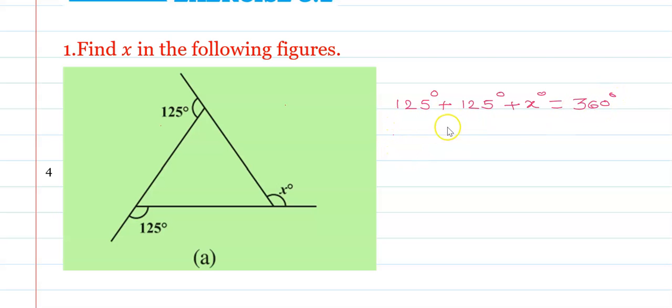and that is equal to 360. 125 plus 125 is 250 degree, plus x degree is equal to 360, and therefore x degree is equal to 360 minus 250, which is 110 degree.